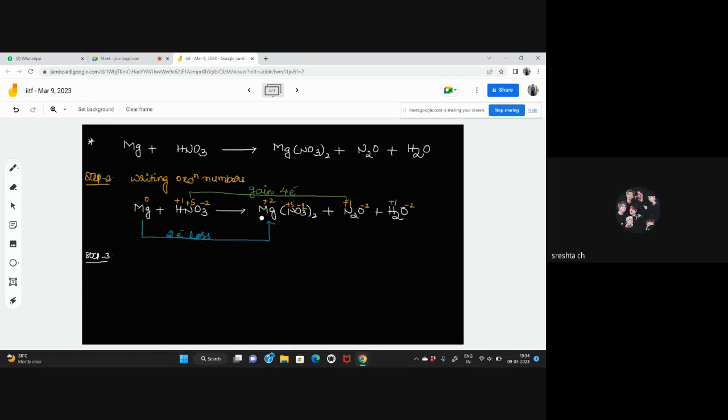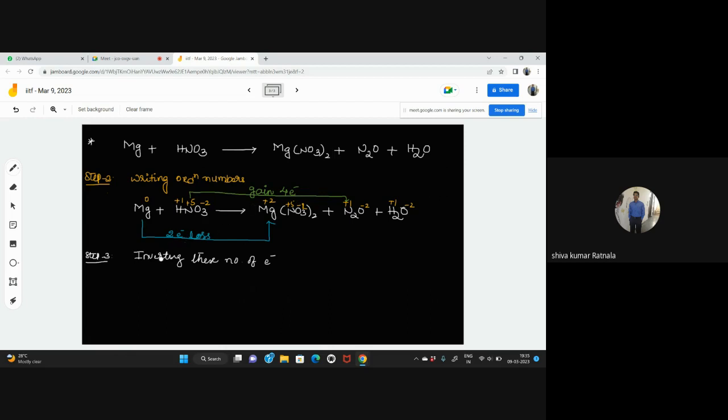Then we need to invert these numbers and equalize the number of electrons gained and lost. That means one nitric acid is gaining 4 electrons, and one magnesium is losing 2 electrons.